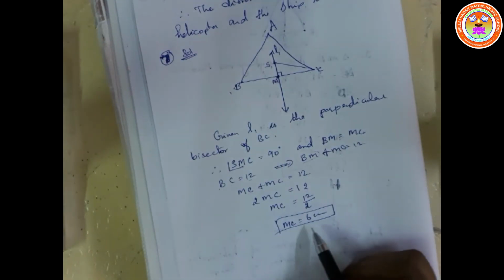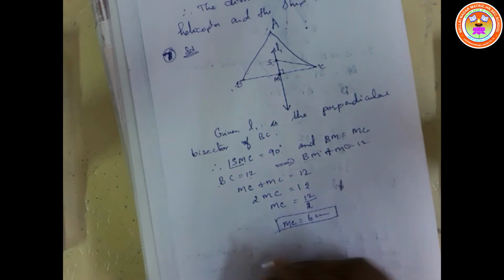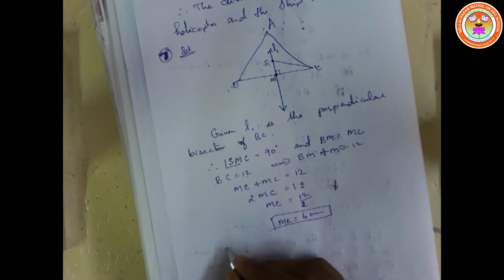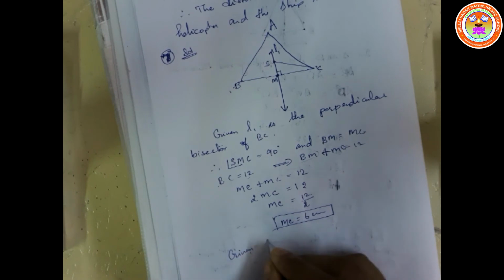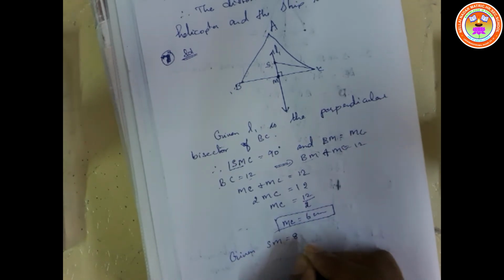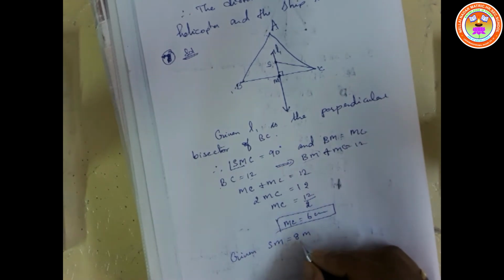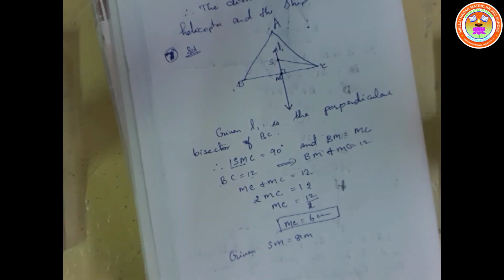We are finding MC is equal to 6, and also given SM is equal to 8 centimeter. It is given.